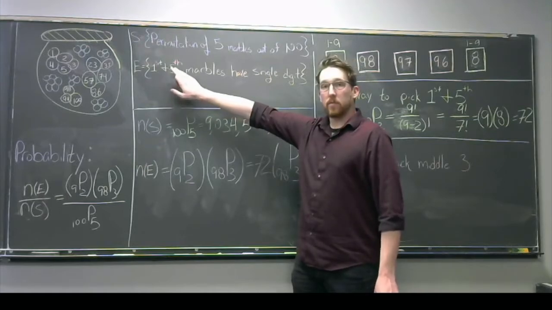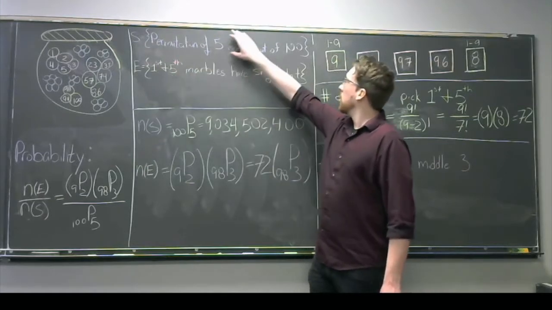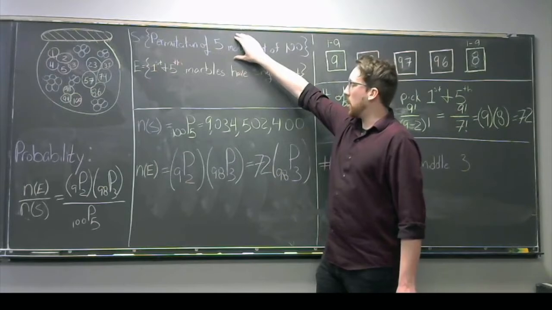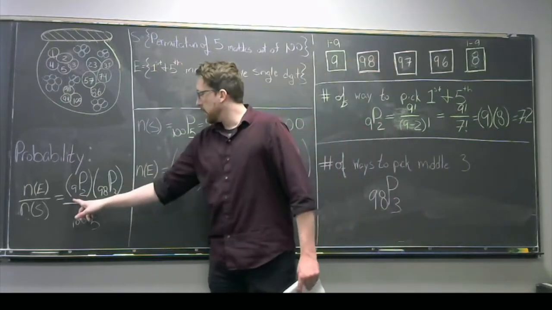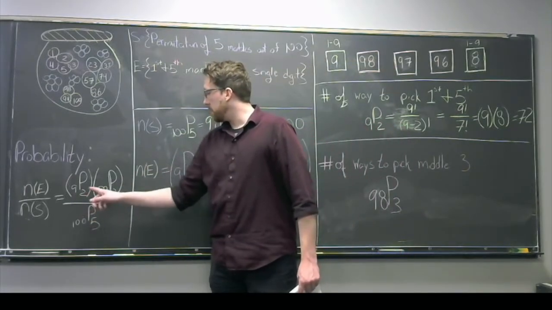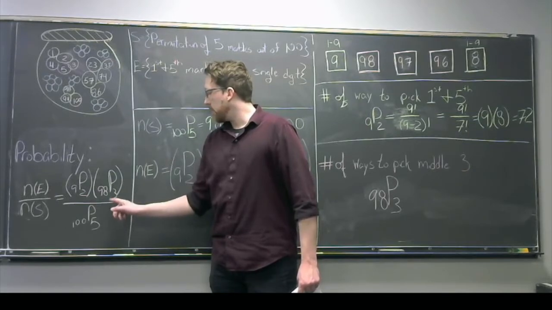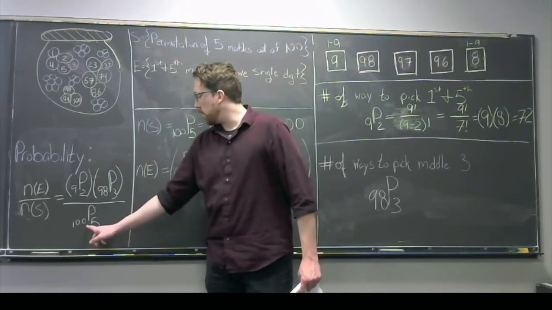The probability of this occurring when choosing 5 marbles out of 100 is 9 pick 2 times 98 pick 3, divided by 100 pick 5.